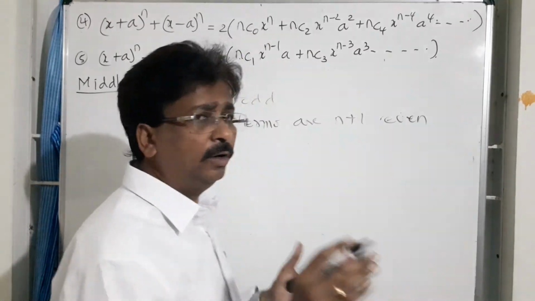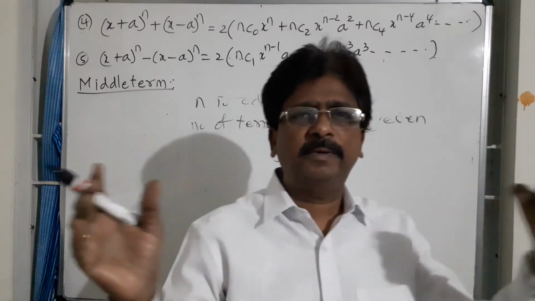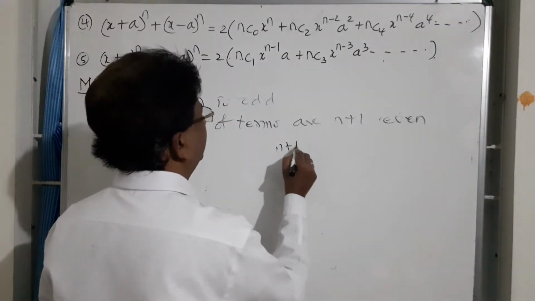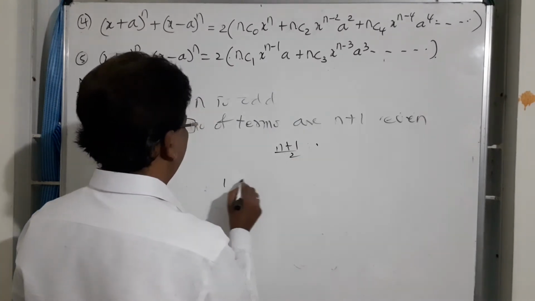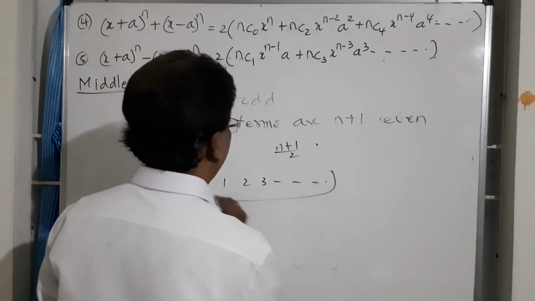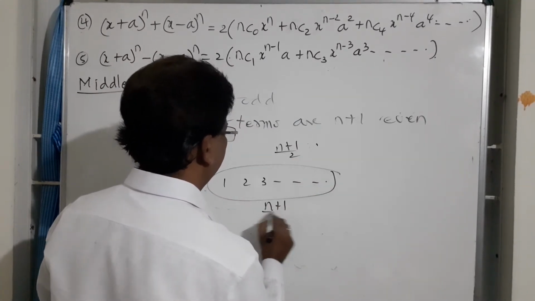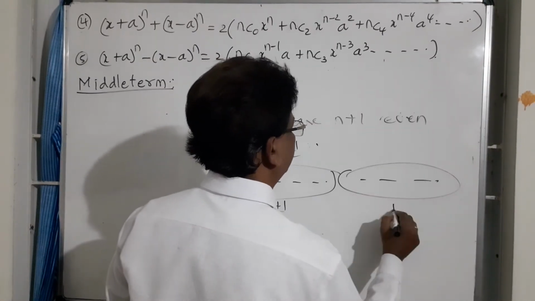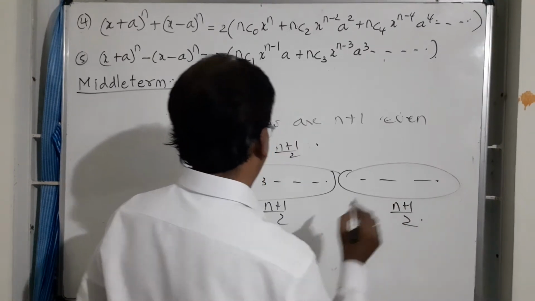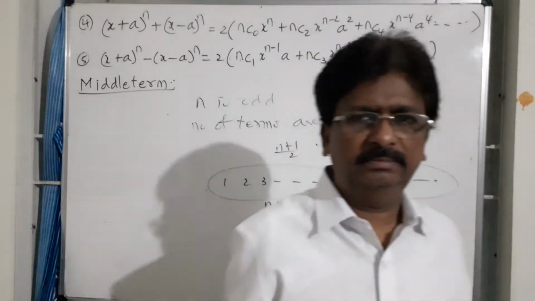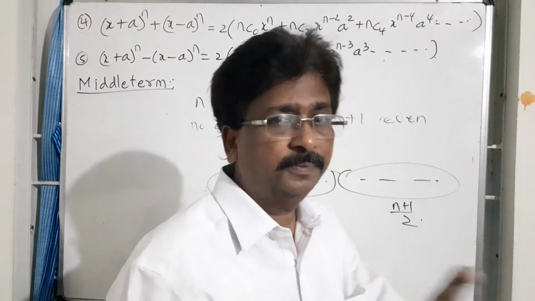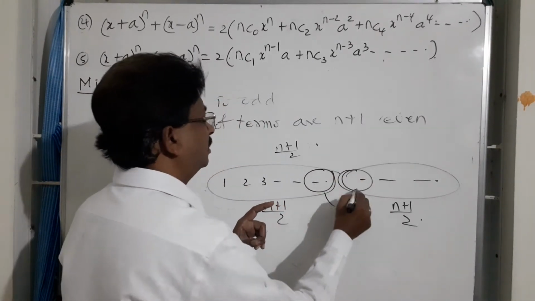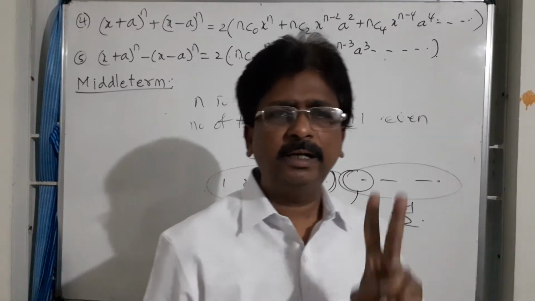So how many terms will come to each part? (n + 1)/2, half and half. So (n + 1)/2 terms in each part: 1, 2, 3, up to here (n + 1)/2 terms, and from here (n + 1)/2 terms. There is no middle term left, so these two terms are considered as the two middle terms.